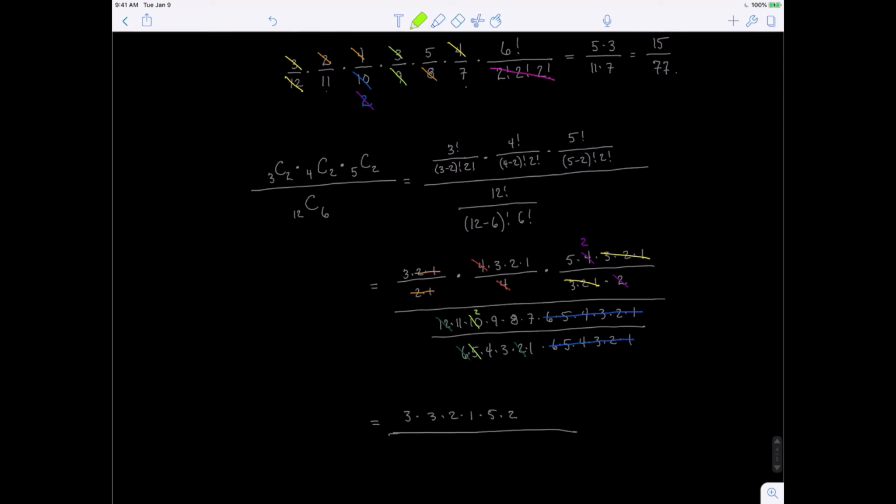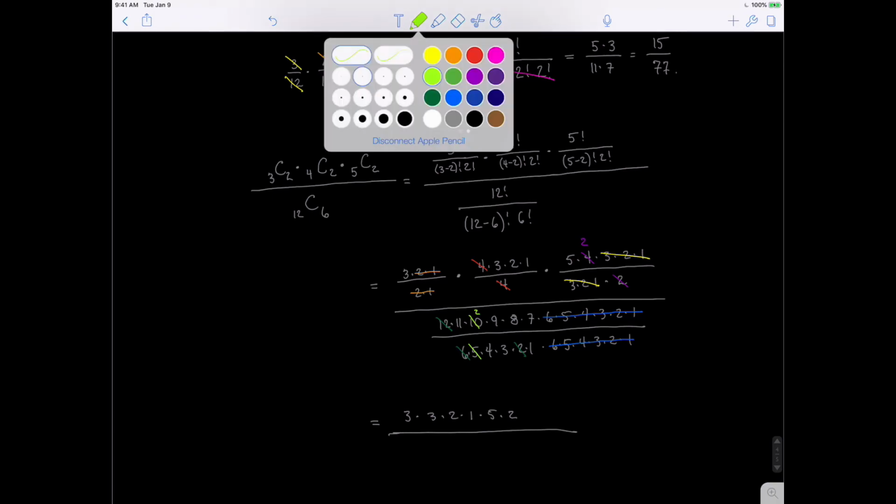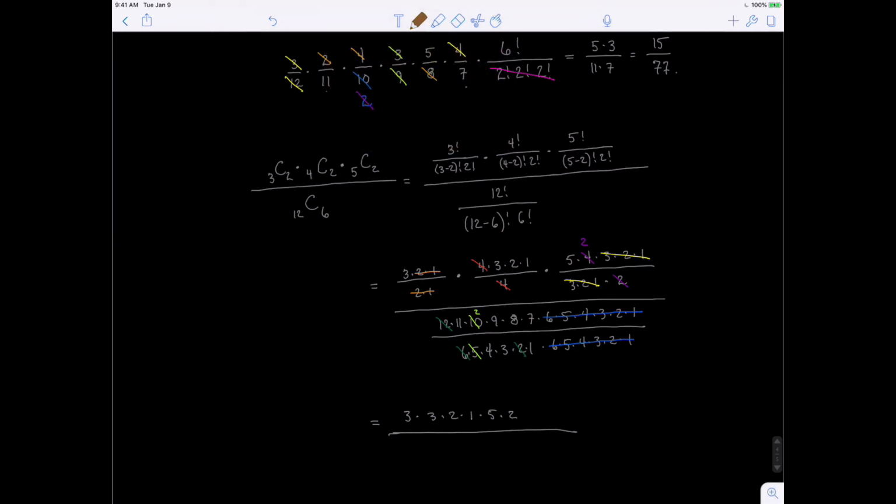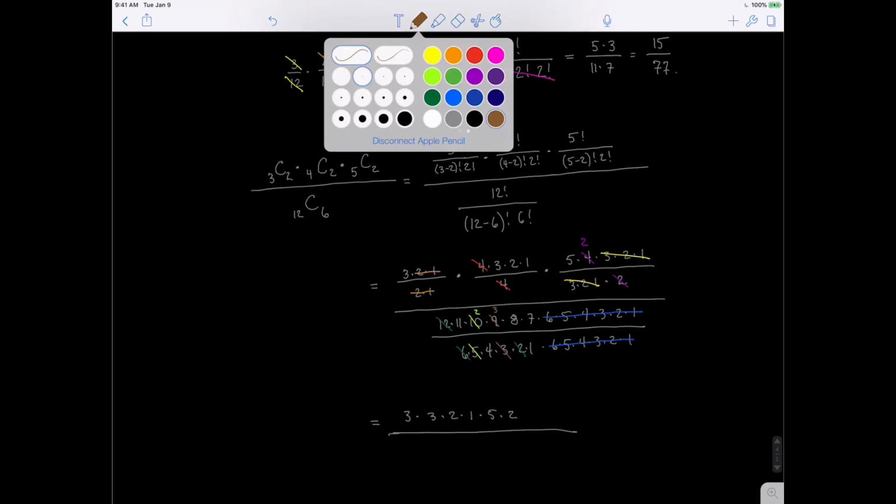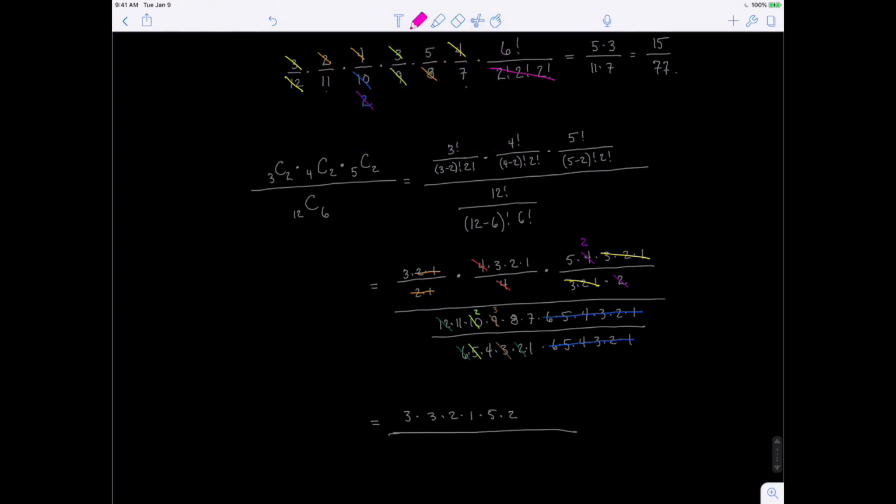Then notice I've got a 4 here. Here's a 3 and a 9, that'll make that a 3. And a 4 cancels into the 8 to give me a 2.